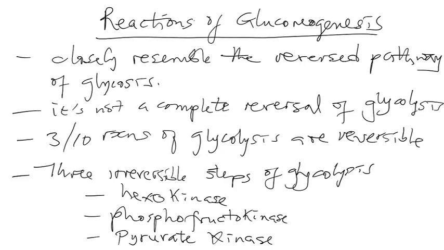Then you have phosphofructokinase, which catalyzes the third reaction, where you have phosphorylation of fructose 6-phosphate to form fructose 1,6-bisphosphate. Then pyruvate kinase catalyzes the last step in the glycolytic pathway, which is the conversion of phosphoenolpyruvate to form pyruvate. So those are the 3 regulatory states.